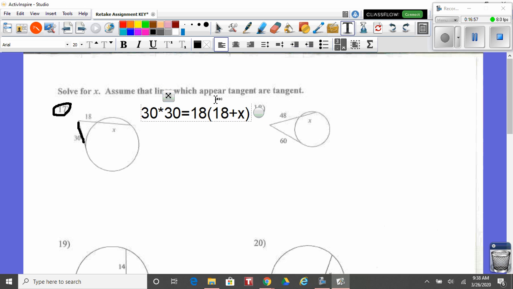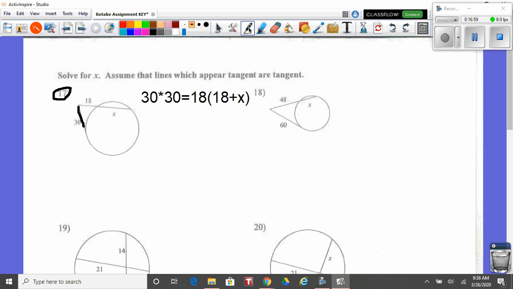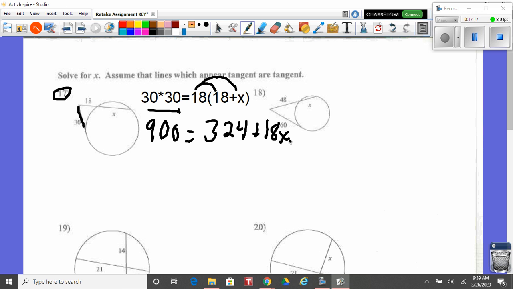In order to solve this, our next step is to multiply on the left to give us 900. And on the right, whenever we multiply 18 times 18 for that first part of our distribution, we get 324 plus 18x. To keep going, now we just have a two-step equation.